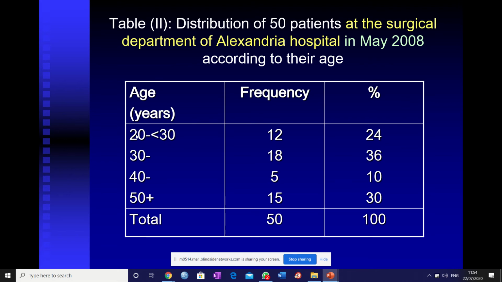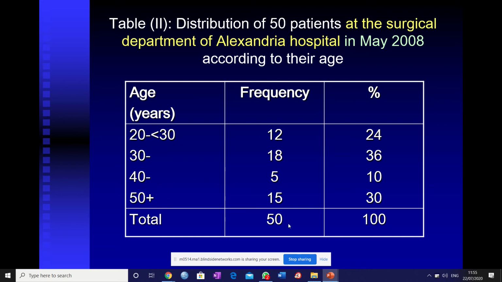This is people between 20 and 30, people above 30, people above 40, people above 50. And frequency is the number of patients in this hospital who are between 20 and 30 or above 30, and the number of people who are above 40 is 5, and who are above 50 is 15.